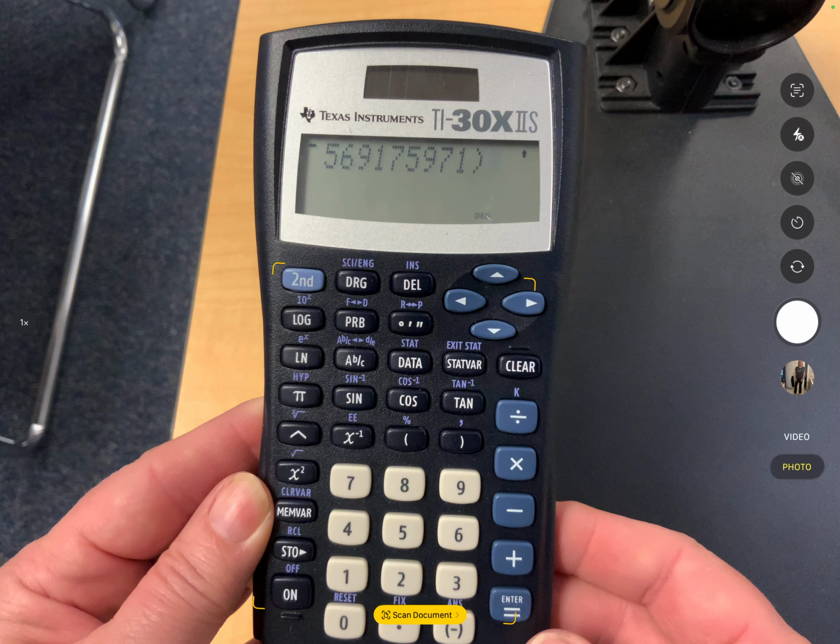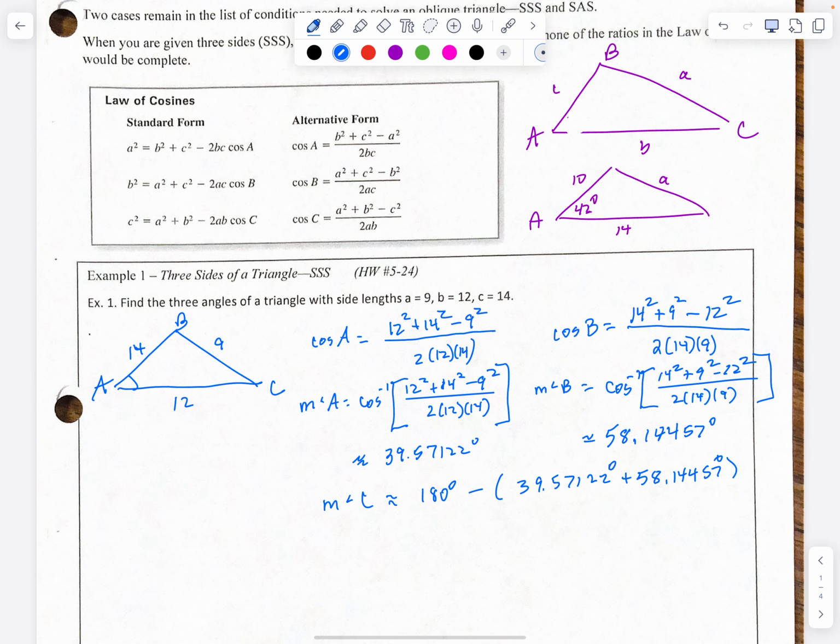Now, most people do this all kind of in pieces. You get 144 plus 100 is 244. And 120 doubled is minus 240. This is where some people will go wrong, and they will subtract these two.